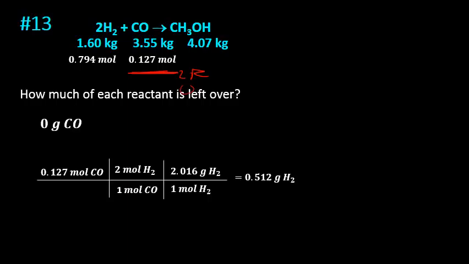What do I do with that number? Well, I first need to convert it to kilograms. And if you remember, because we did all of this in terms of kilograms earlier, that is the kilograms. So how much do I find out is left over? Simple subtraction problem. There's 1.09 kilograms of hydrogen left over.